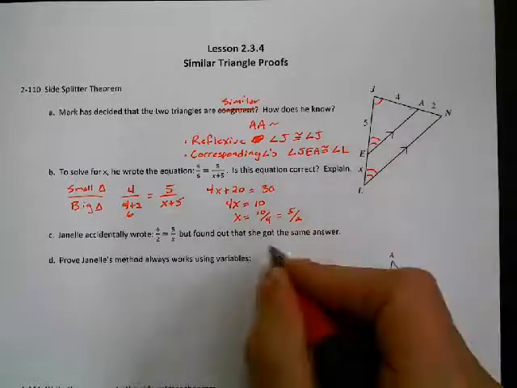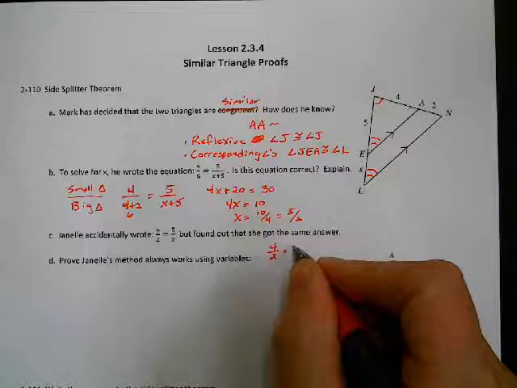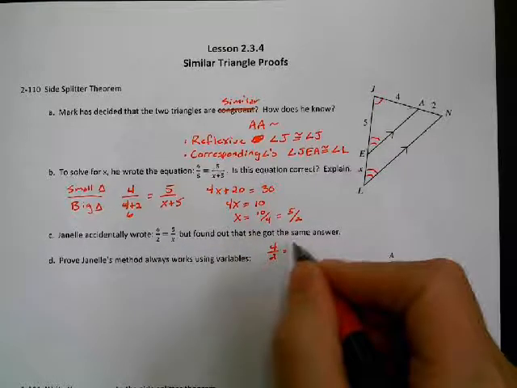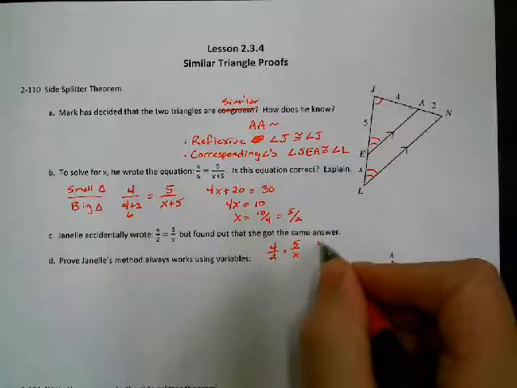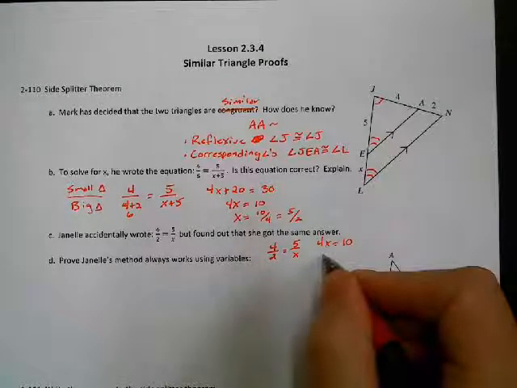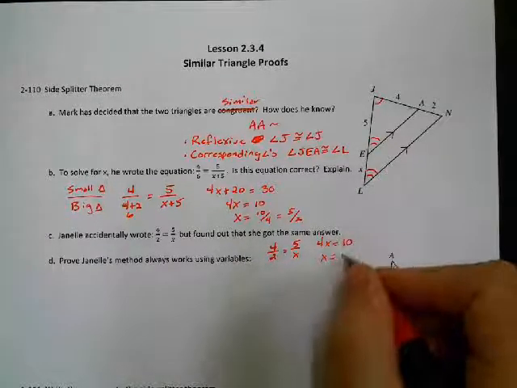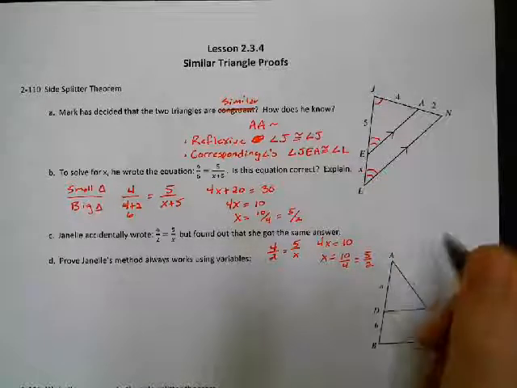But it ends up working on this one. So she's got 4 over 2 equals 5 over x. Cross products gives us 4x equals 10, and then divide by 4, and we get 10 over 4, which is 5 over 2. So she's getting the same exact answer.